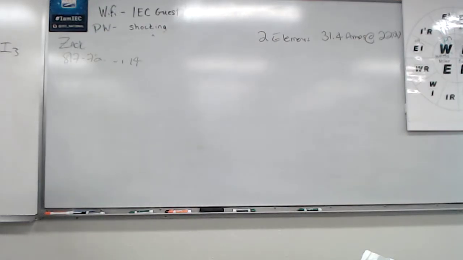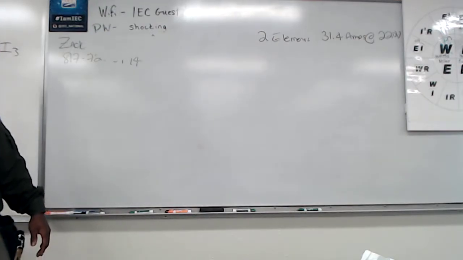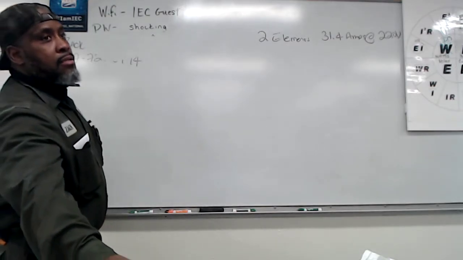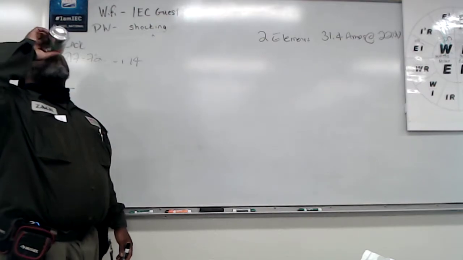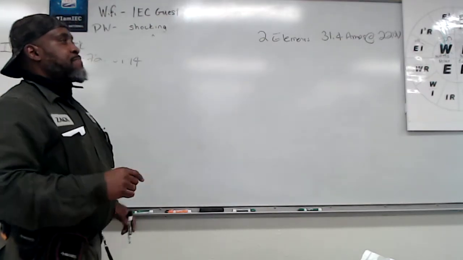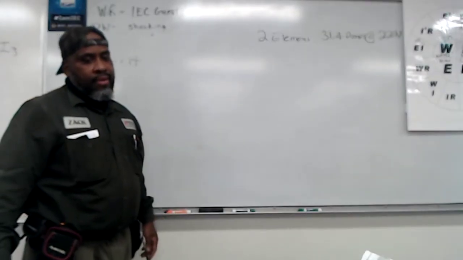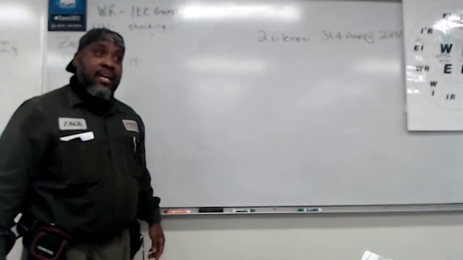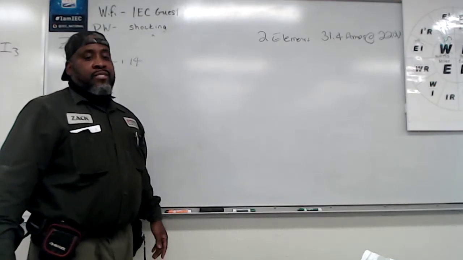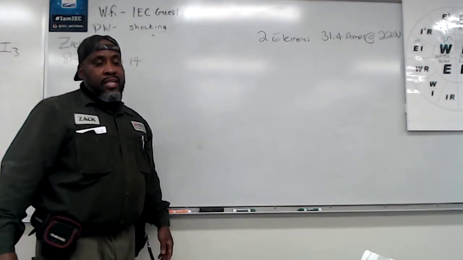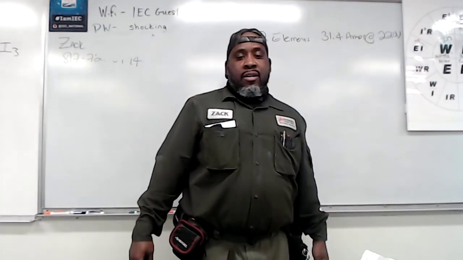How do we know that, Tyler? Because when we look at the breaker, what does the breaker say? It says 277, 480. It's a panel board and it says 480 line to line. So we know that it isn't the same voltage, is it? So I know that that's rated.